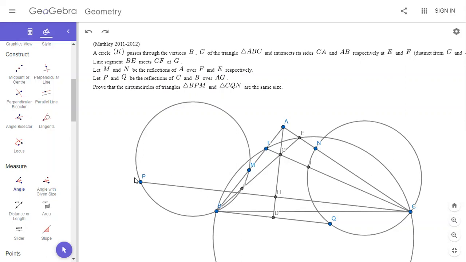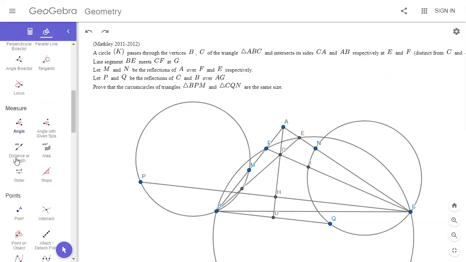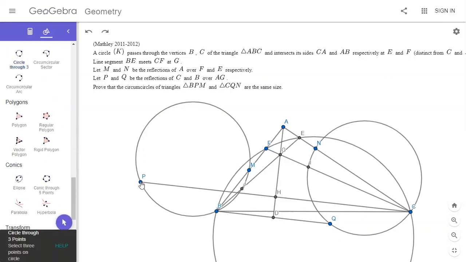But we know BPQC is cyclic. I don't know if that helps. It's an isosceles trapezoid.